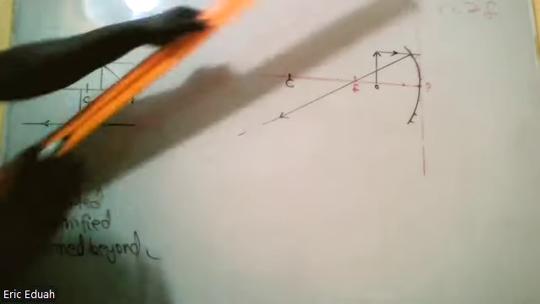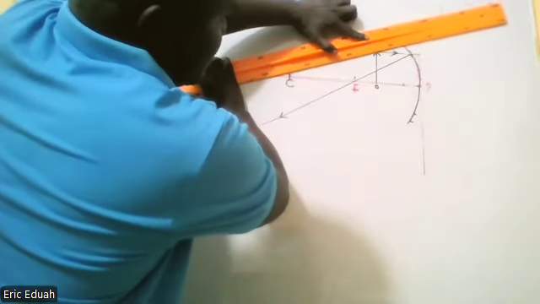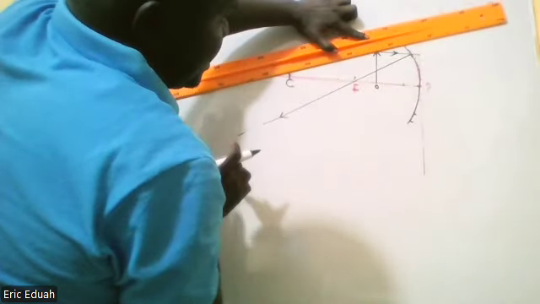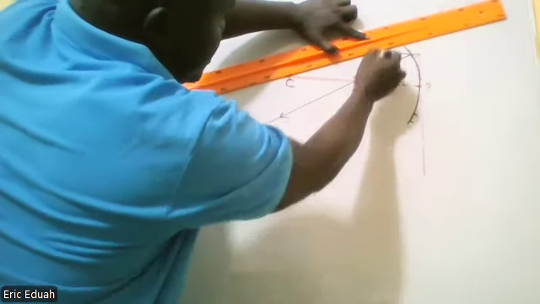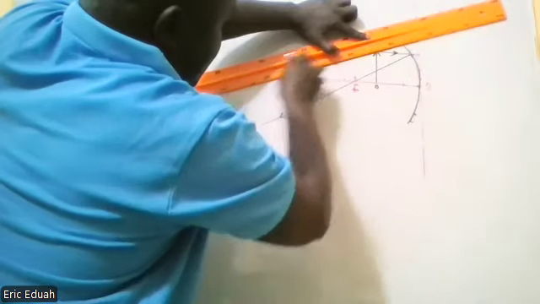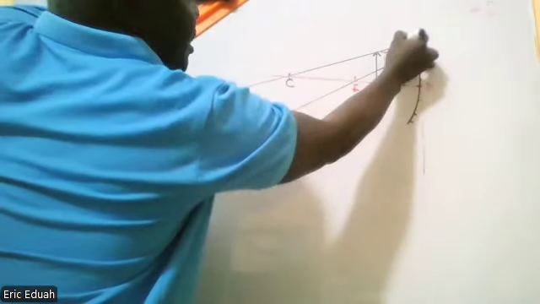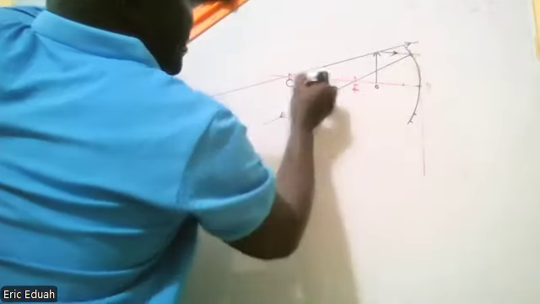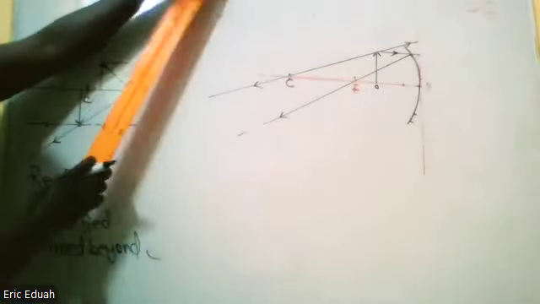A ray of light hitting the mirror at 90 degrees, after reflection, must pass through the center of curvature. So this ray incident on the mirror at 90 degrees reflects along the same path.